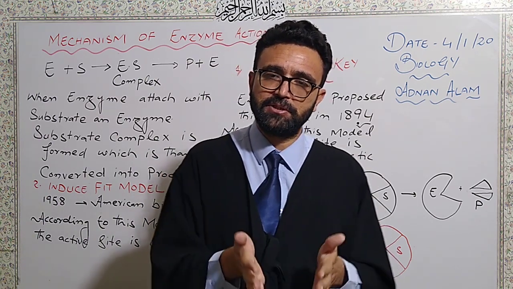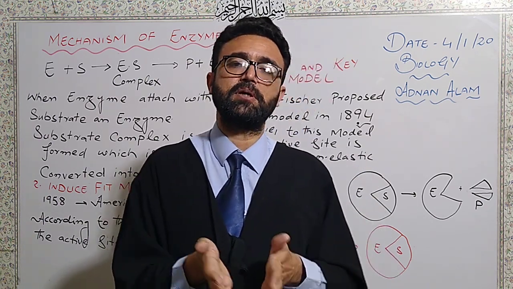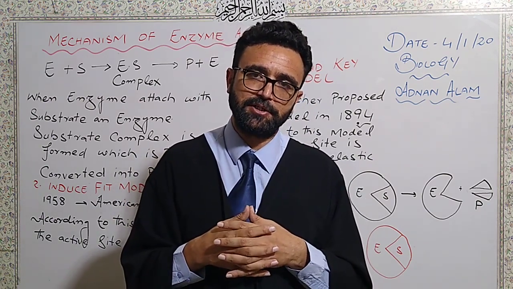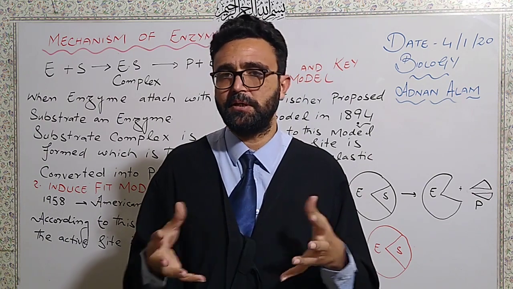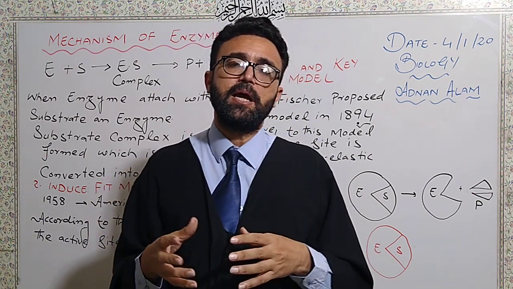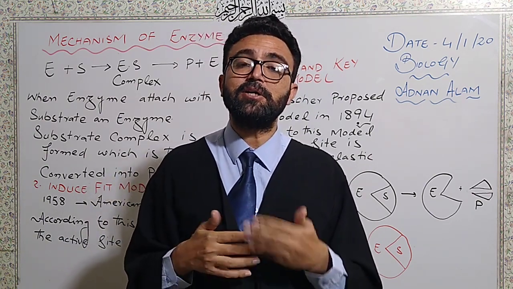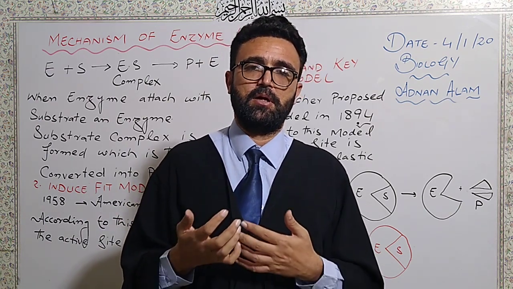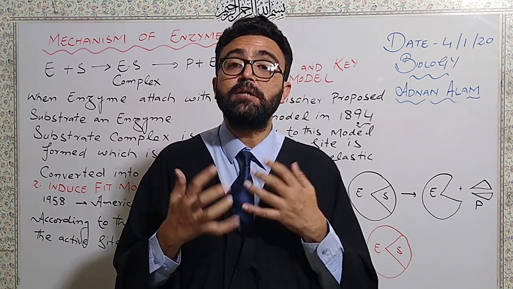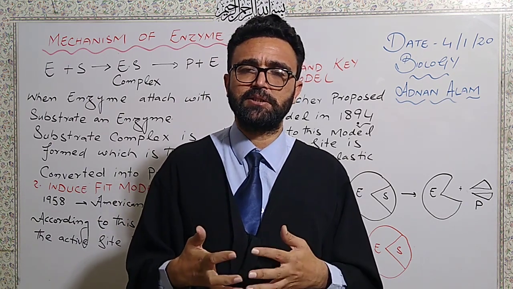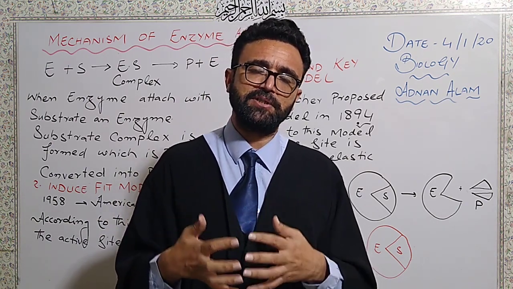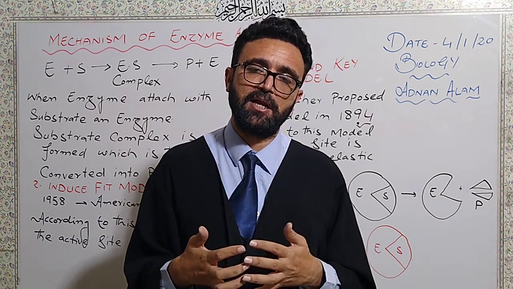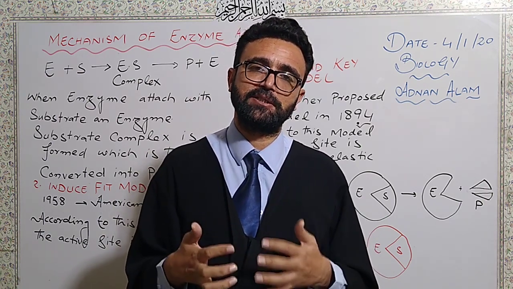Pepsin is secreted in the stomach, and trypsin, amylase, and lipase are secreted in the small intestine, the duodenum part, for digestion. Along with that, certain enzymes are intracellular, like hexokinase and ATPase enzymes. These are enzymes which are present inside the cell and perform their functions inside the cell.